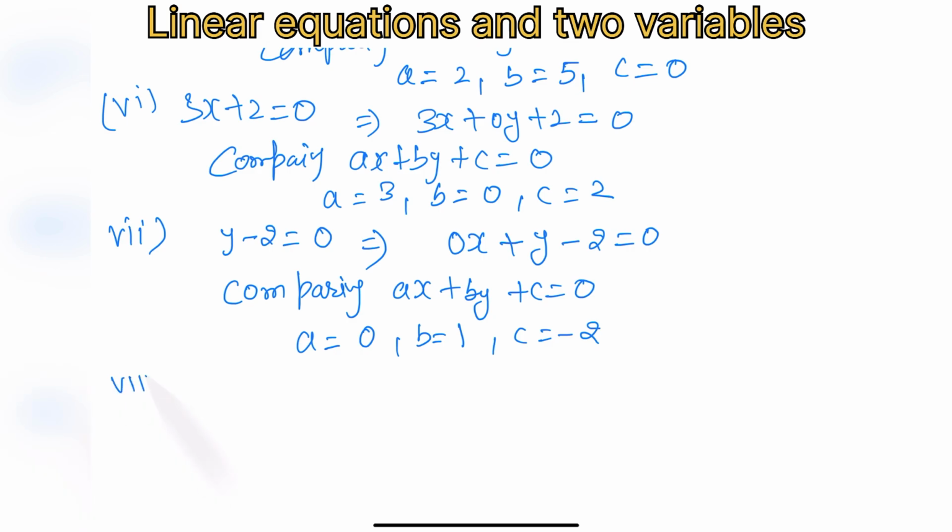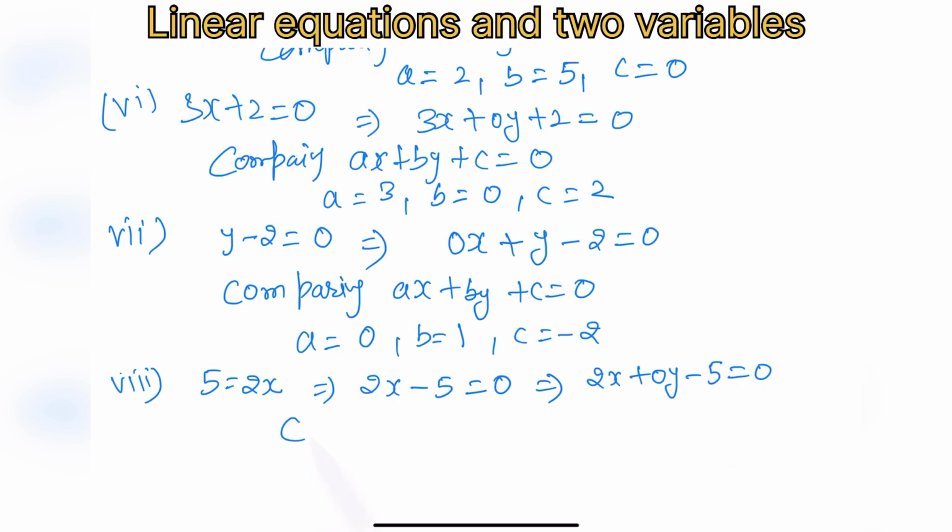Next part is the eighth one. 5 is equal to 2x. Again shifting the values, so 2x minus 5 is equal to 0. As we can see, again we don't have the term y, so we can write it as 2x plus 0y minus 5 is equal to 0.